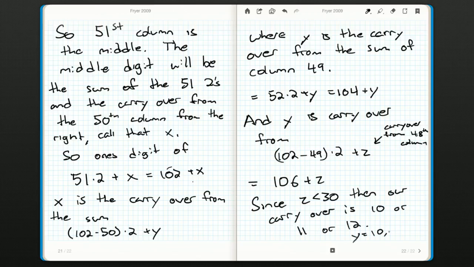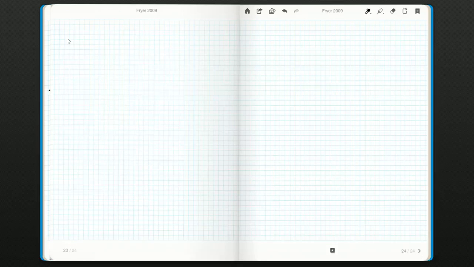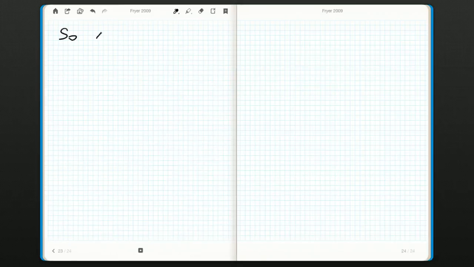So Y is equal to 10, 11, or 12. But then at that point, a 10, 11, or a 12, that's just going to give a carryover of X equals 11. So that's either going to be 114, 115, or 116.